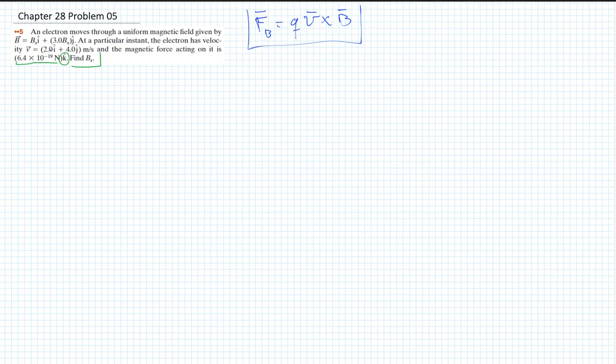Okay, so let's do it. What are the things that we need to remember before we start? We are dealing with the charge here. It's going to be an electron, so the charge will be negative 1.602 times 10 to the minus 19 coulombs. Okay. What else do I need to remember?